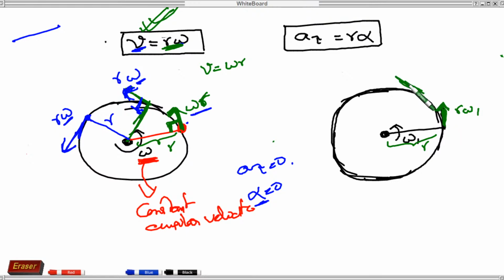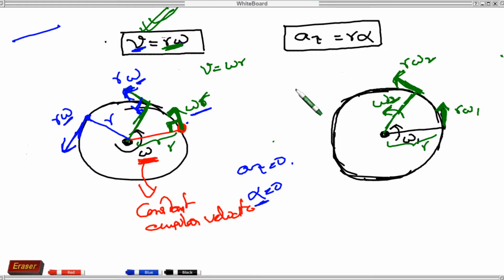Here suppose the angular velocity becomes omega 2, the radius is r, so it will be r omega 2.